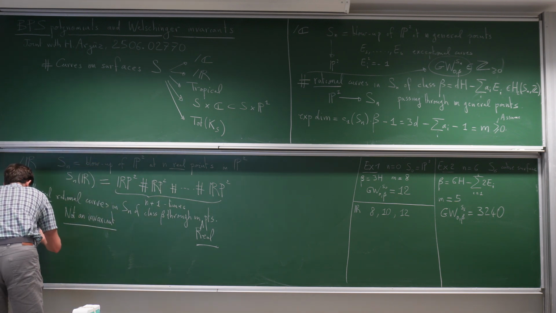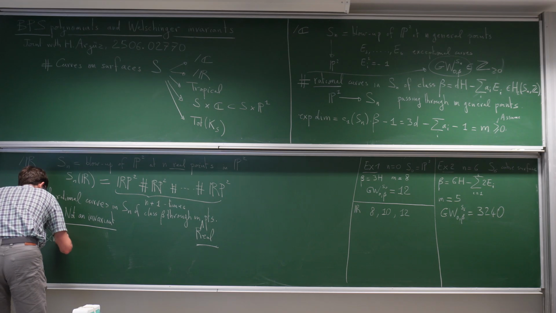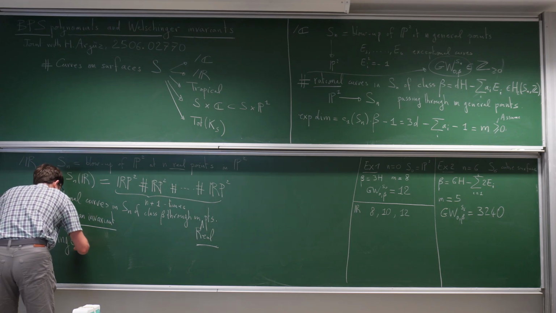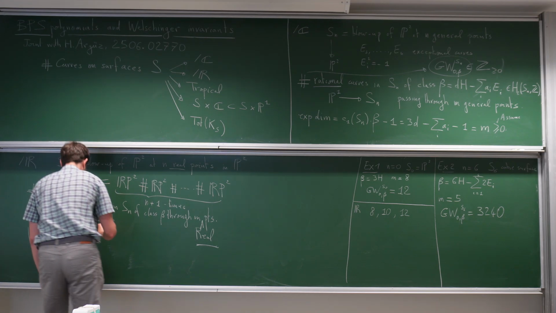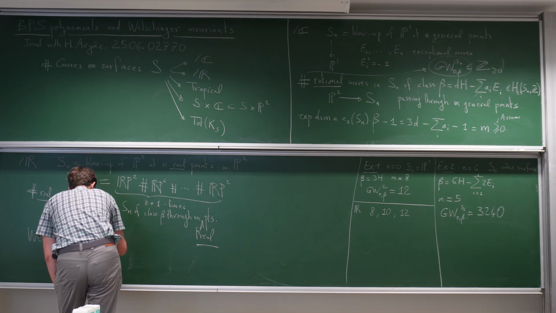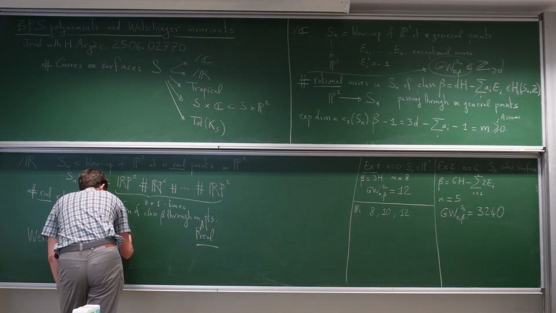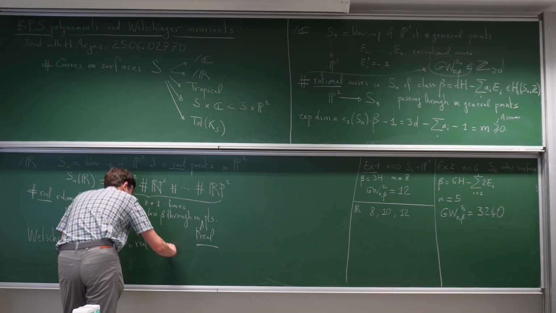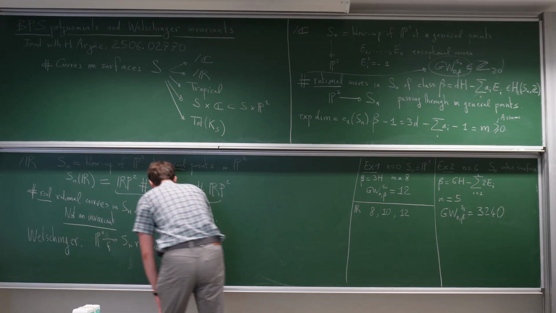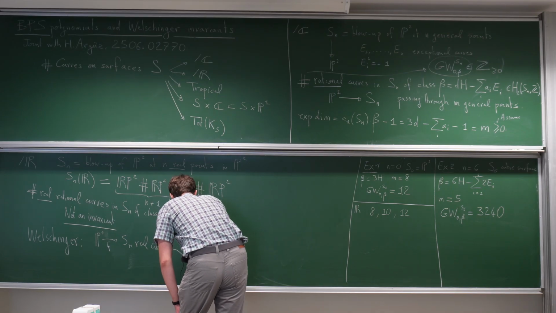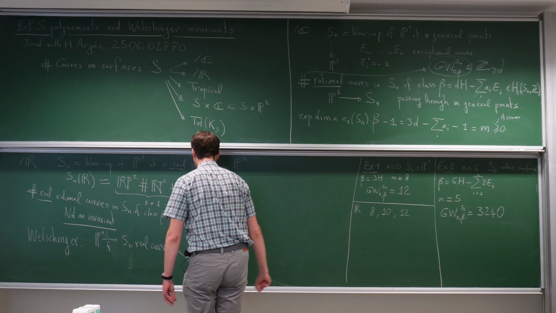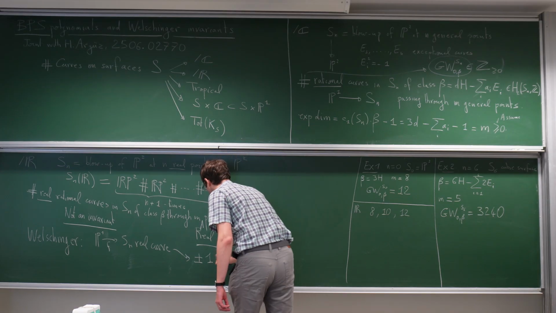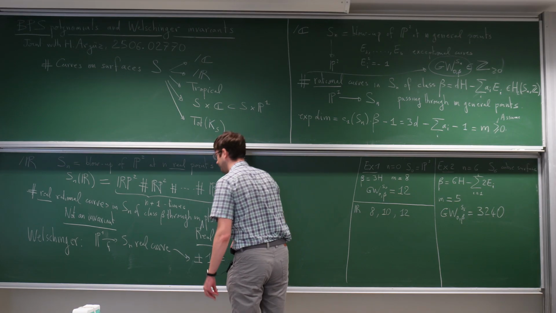Welschinger explains that if you have such a real rational curve, P1 to S_n, let me call it F, you should count it with a sign. You should attach to each a sign plus or minus 1. And what is this sign? Here is the recipe that Welschinger gives.